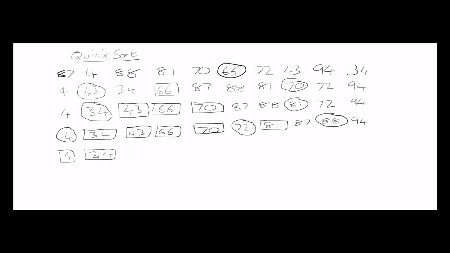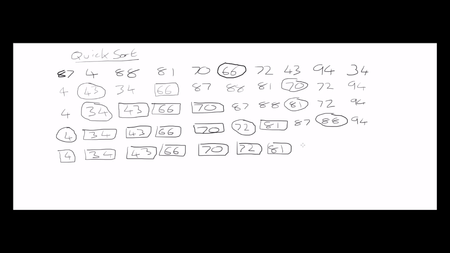So, just write out all my previous pivoted numbers. Okay, and I've got to the 72, so I'm just going to write a square box around that because there's no more numbers to compare it to. 81 has already been pivoted, so in this part of the list, I pick all my numbers that are less than 88 to go on the left hand side, and all my numbers that are more than 88 to go on the right hand side.